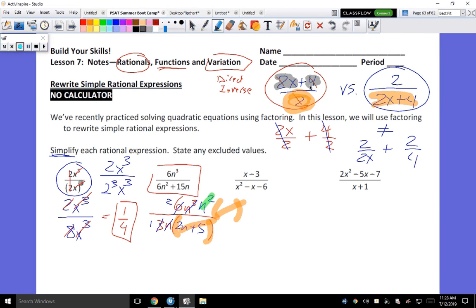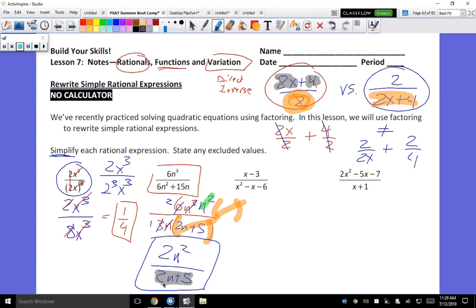Okay? Alright. So, what's left in the numerator? 2n squared. And the denominator? 2n plus 5. Can the 2's cancel? Again, no, they can't, because this 2 in the denominator is linked to an addition, not multiplication.